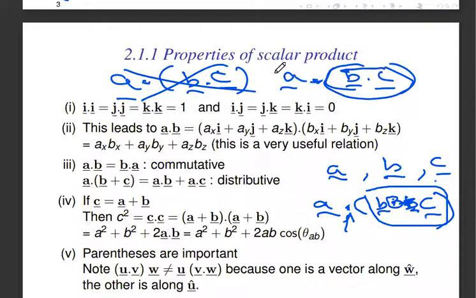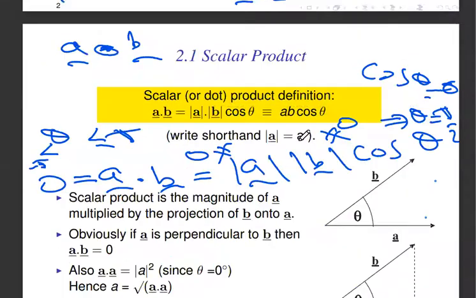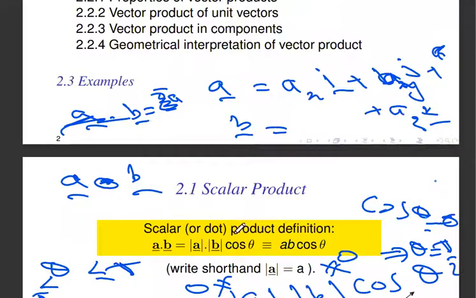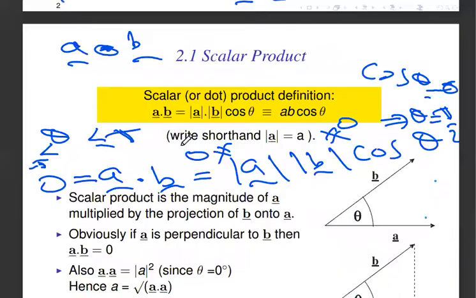This is a scalar product. Does the scalar product always give a scalar value? The dot product always gives you a scalar. This is a real number, so this is not a vector. All the time, this is a real value. All right.